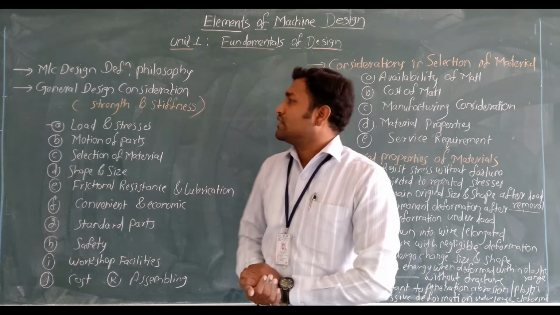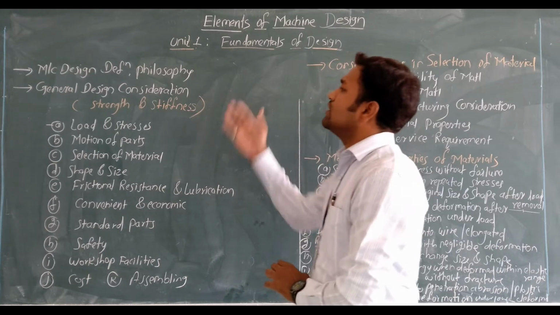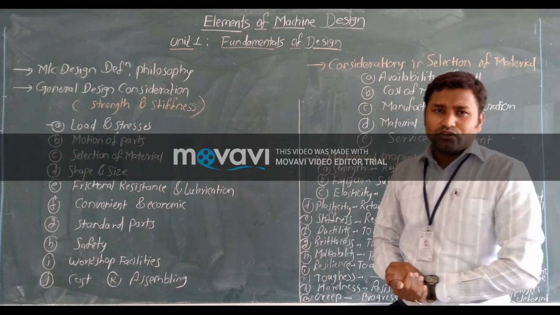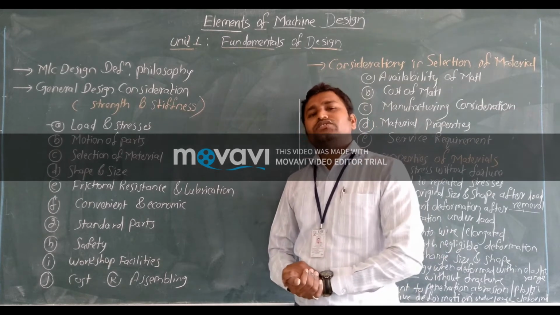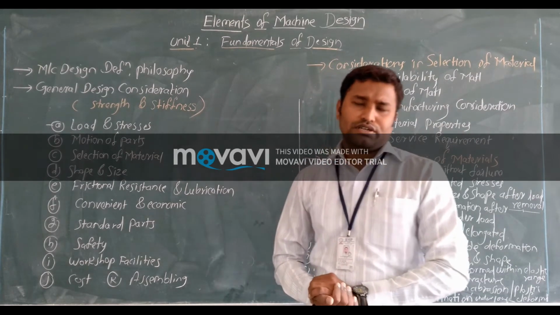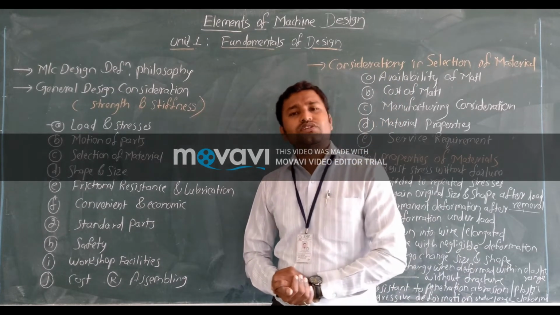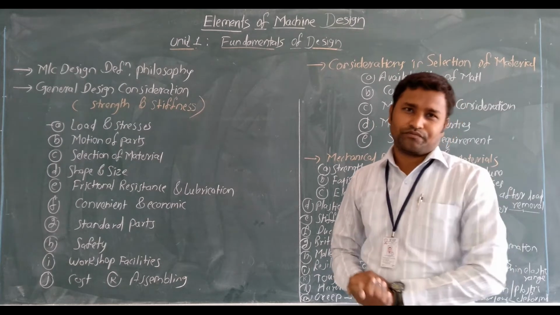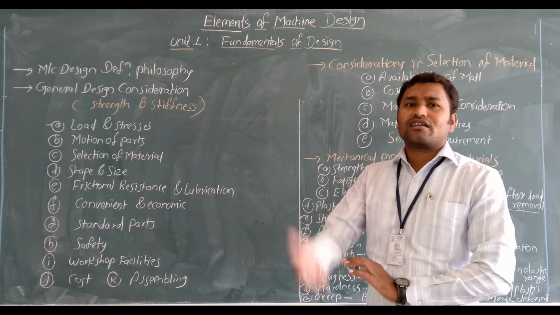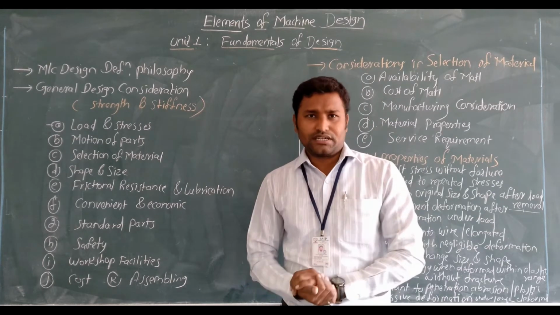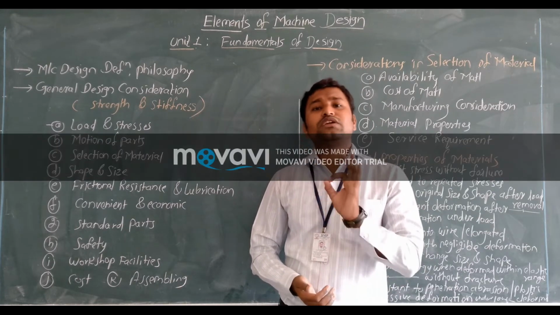Okay. Then you will see the general design considerations. In general design considerations, while designing any type of component, strength and stiffness are very important factors. But there are other considerations that should be present, and the designer has to keep some of these factors in mind.